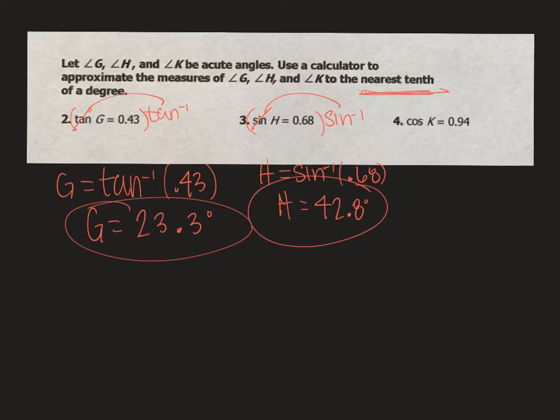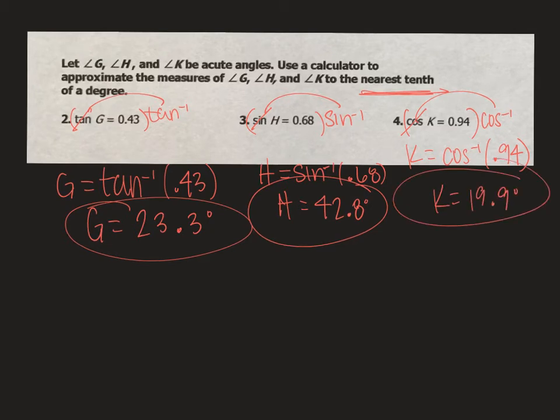And then in number 4, cosine of K equals 0.94. So I need to use cosine inverse to undo that cosine. And when I do cosine inverse of 0.94 in my calculator, I get about 19.9 degrees.